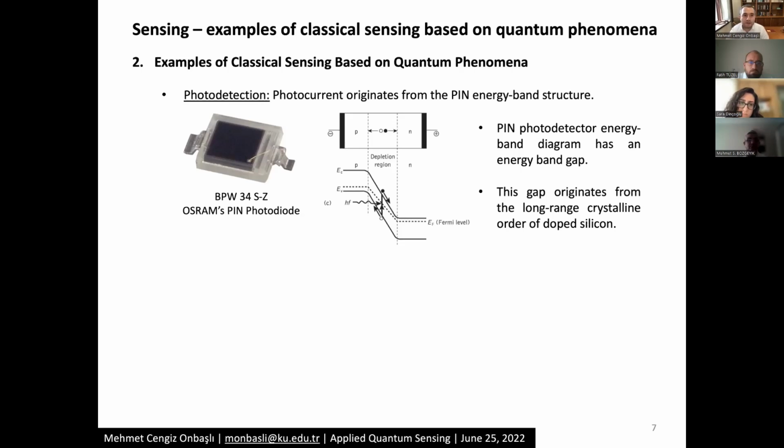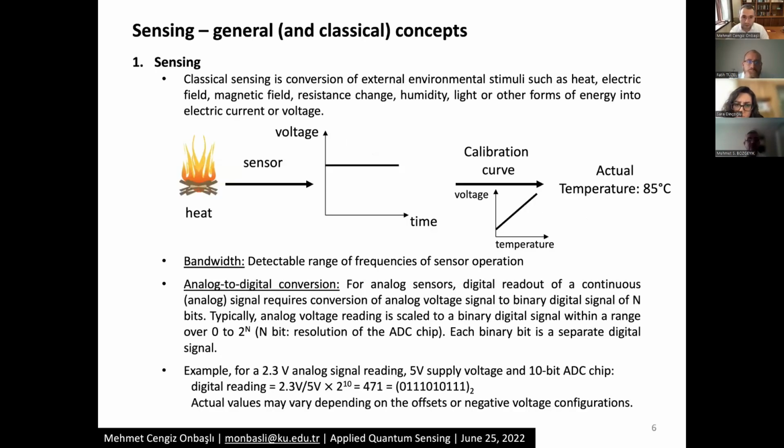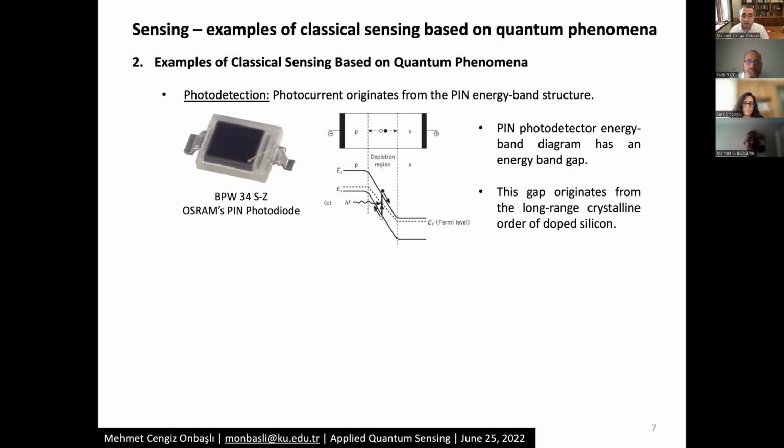But in our case, in the classical sensors, we have discretized energy levels, but the mechanism of sensing is not necessarily quantum. So there's a wide class of sensors that use classical mechanisms for signal transport or detection, but they make use of quantum phenomena that occur in materials.